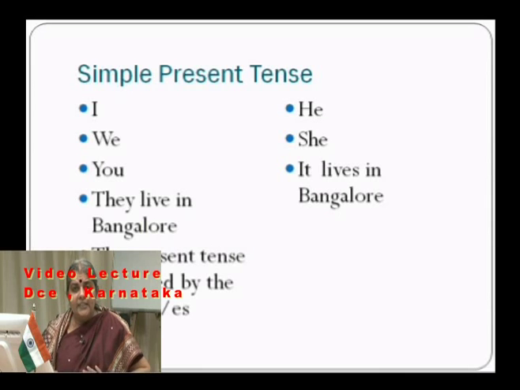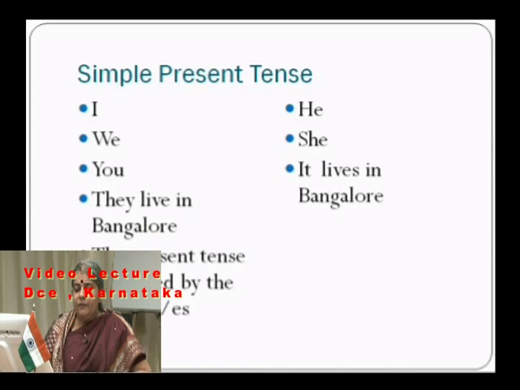Now, we shall understand the present tense in a detailed way. I, we, you, they. Now, look at these markers that I have shown in front of your monitors. I live in Bangalore.